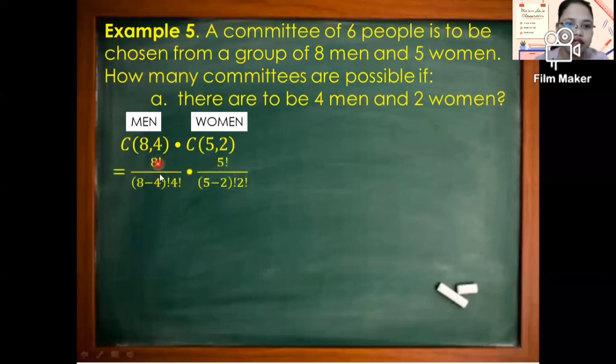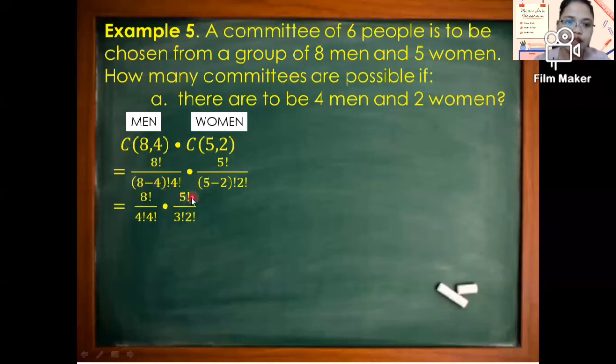For the combination of men, simplify: 8 factorial over 8 minus 4 factorial, 4 factorial. For women, that is now 5 factorial over 5 minus 2 factorial, 2 factorial. Simplify. You will have now 8 factorial over 4 factorial, 4 factorial, because 8 minus 4 is 4.